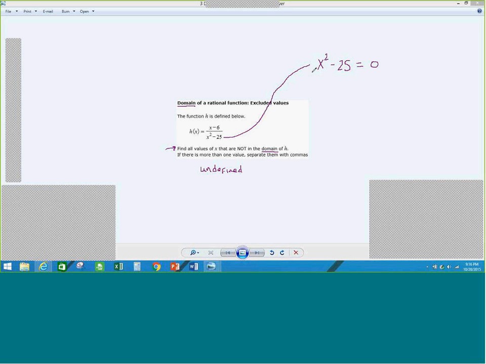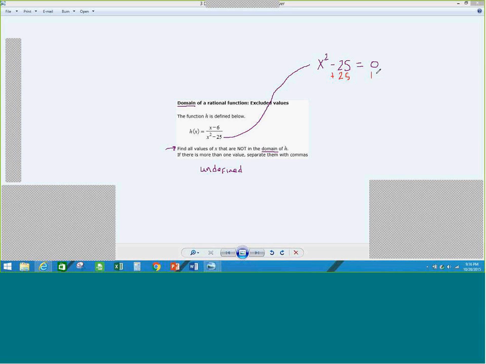Solve this. This is how I always start these problems off. If they ask me for the domain of a rational expression, I just take the denominator, set it equal to 0, and whatever equation I get out of this, I'm going to solve it. You can factor it and solve it, or you can use the square root property, which is what I do.